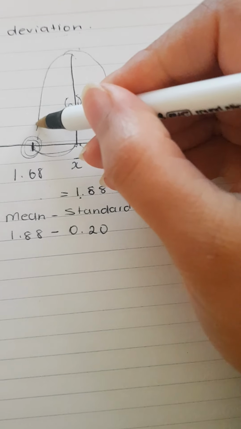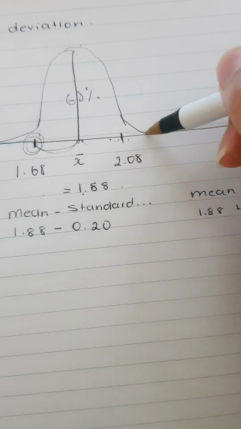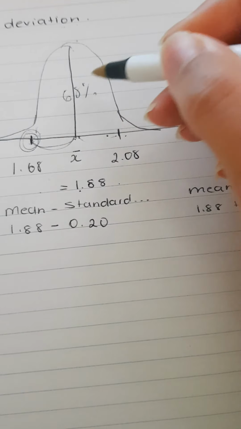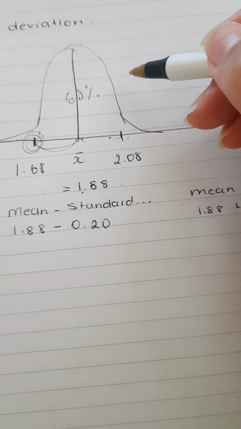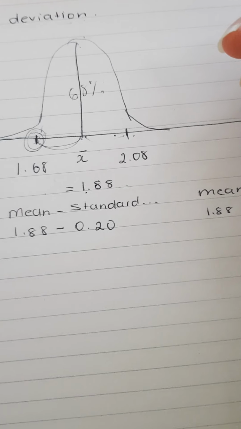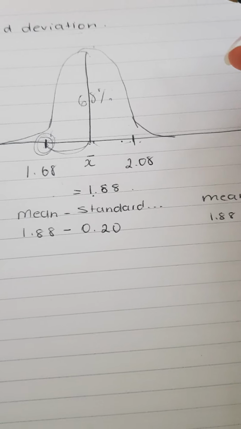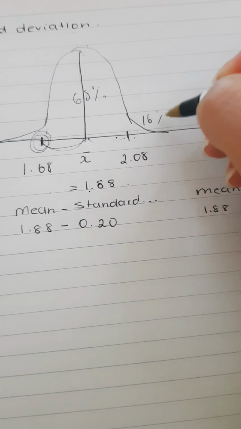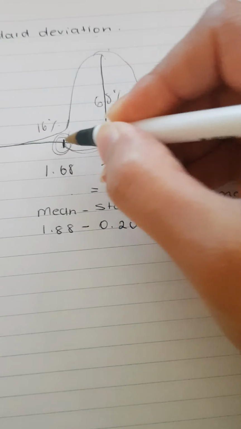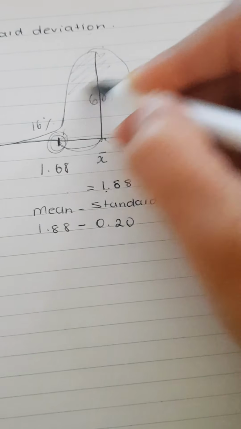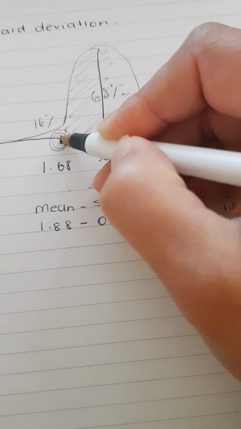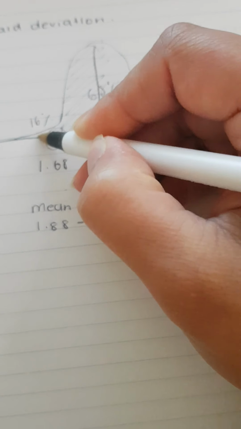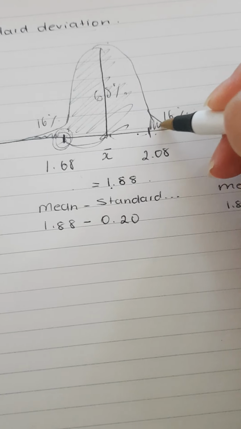The remainder, from 68 to 100, is 32%. Half of 32% is 16% on this side and 16% on this side. So all this is 68%. Everything less than 1.68 is 16%, and everything higher than 2.08 is 16%.